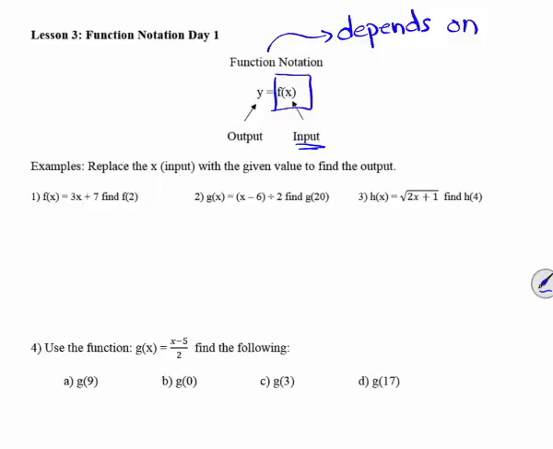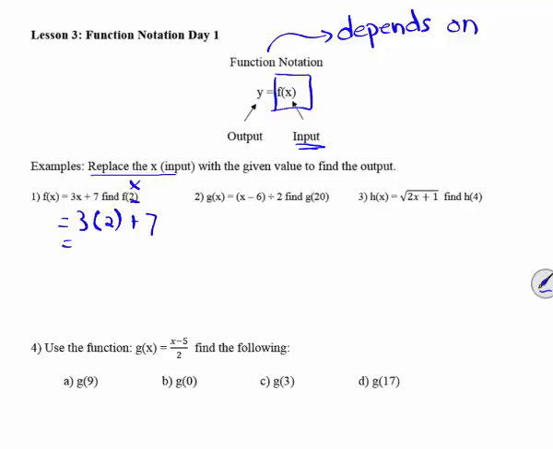So when I'm doing this, I want to replace the x with the given value to find the output. It's a lot like evaluating expressions, right? Here's my rule, 3x plus 7, 3 times x plus 7. And I'm going to put 2 wherever I see an x. So that means 3 times 2 plus 7.